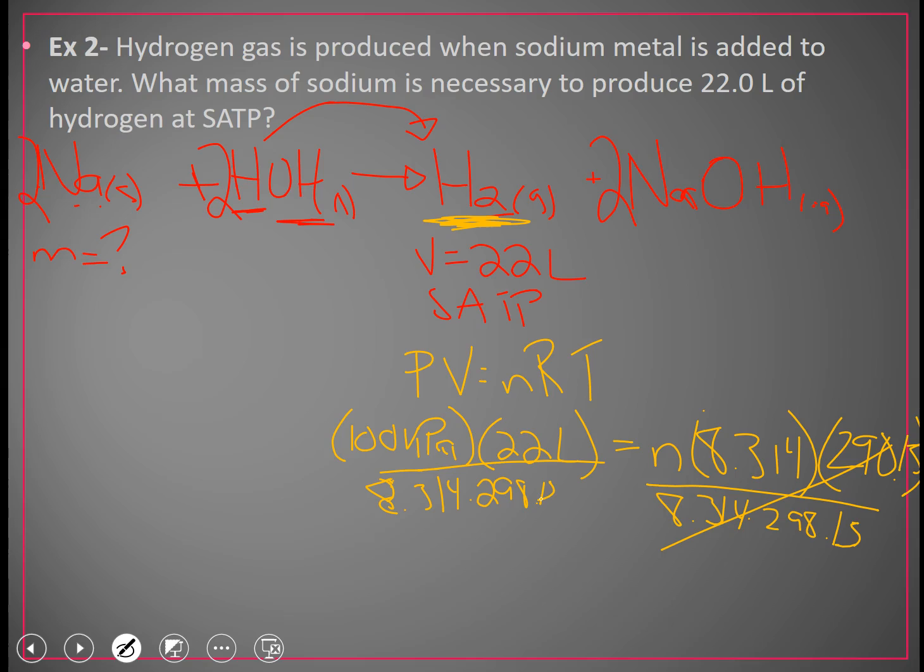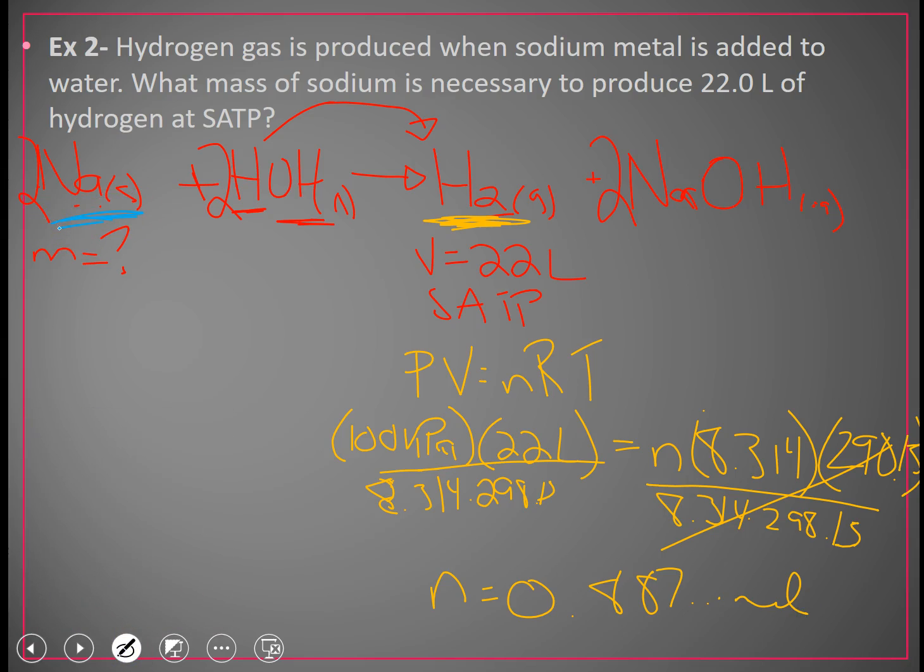Make sure if you did that all together, you put brackets around your numerator, brackets around your denominator. Otherwise, your calculator will just go through BEDMAS in a linear fashion. And so the number of moles then in that 22 liters of hydrogen is 0.887, and that decimal continues, moles.